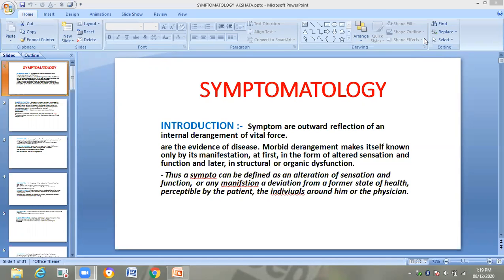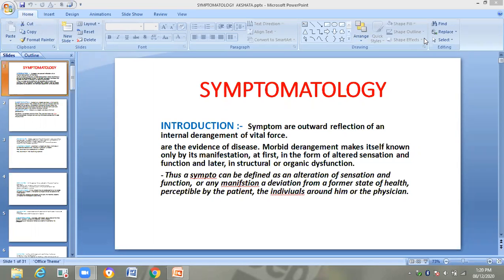Then according to Dr. Elizabeth Wright, symptoms to the homeopaths are the language of the body, expressing its disharmony and calling for the similar remedy.